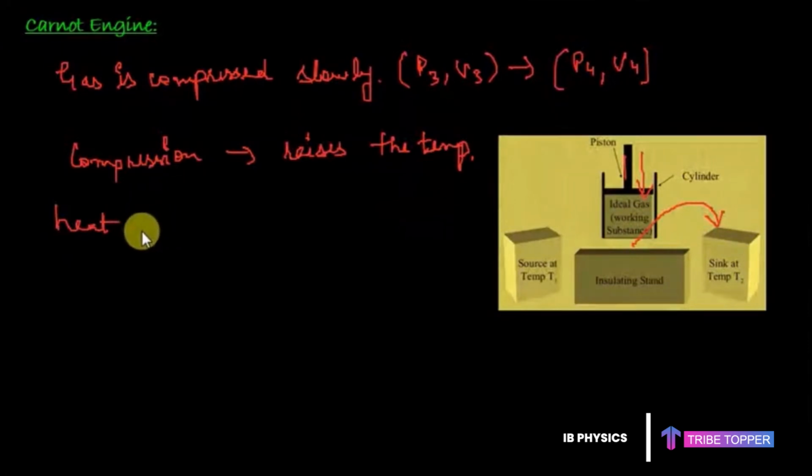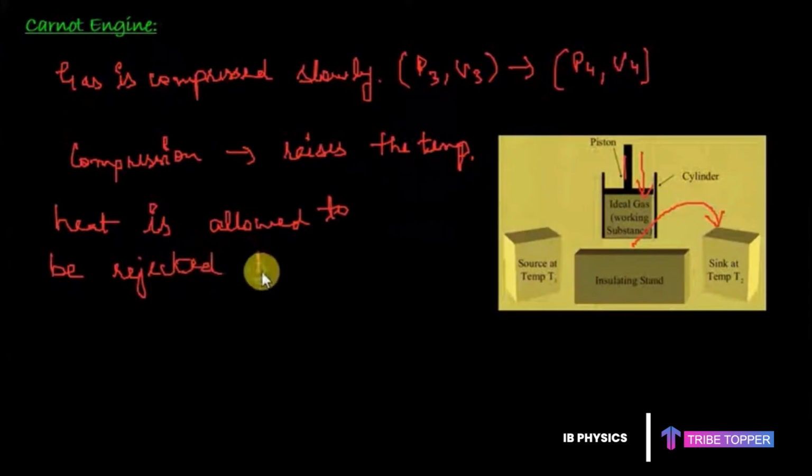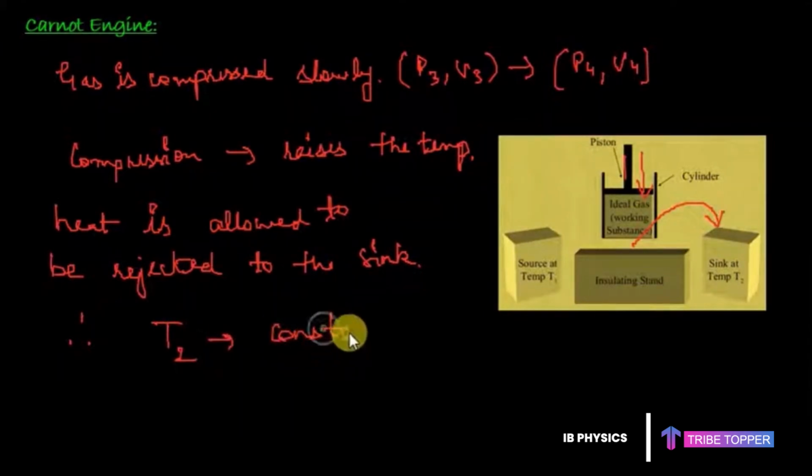So heat is allowed to be rejected to the sink. Now this time again the temperature remains constant. We can write here, therefore the temperature T2 remains constant. So no change in temperature is happening.